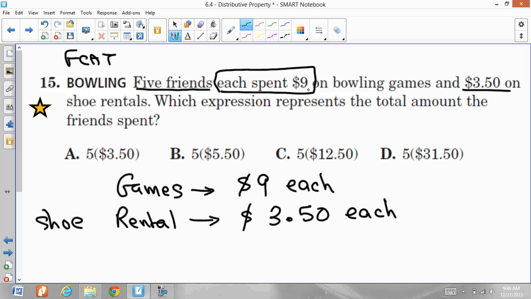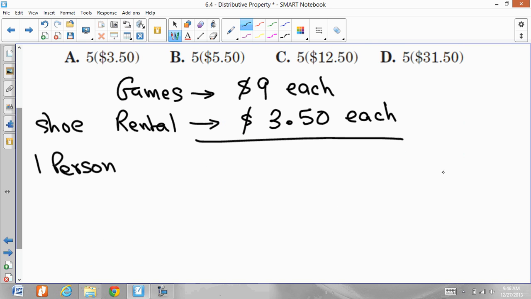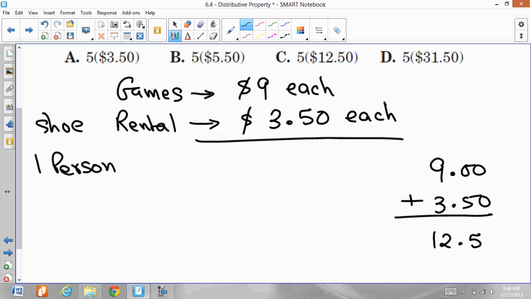So 5 friends spend $9, and 5 friends spend $3.50 each. So the total for one person will be 9 plus $3.50. You're going to add them. So $9 and $3.50, you add them, it's going to come to $12.50. So for yourself, you will be spending $12.50: $9 for the game and $3.50 for the shoe rental.